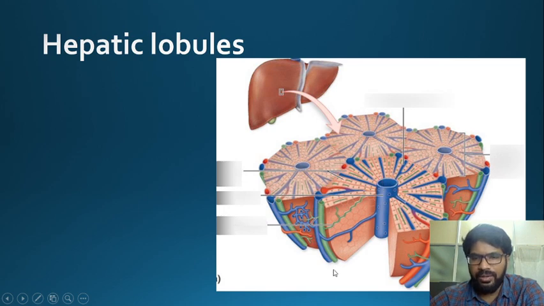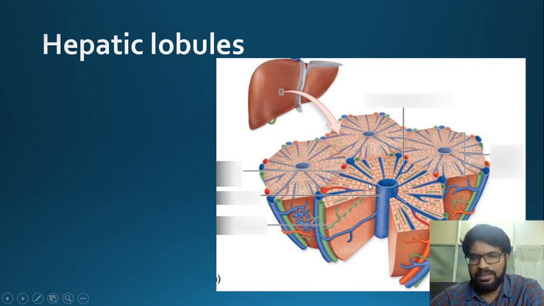From here blood enters through the hepatic artery and the portal vein into the sinusoids. Through the sinusoids it flows towards the central vein, which is a branch of the hepatic vein. All the central veins join together to form the hepatic vein, which directly drains into the IVC.